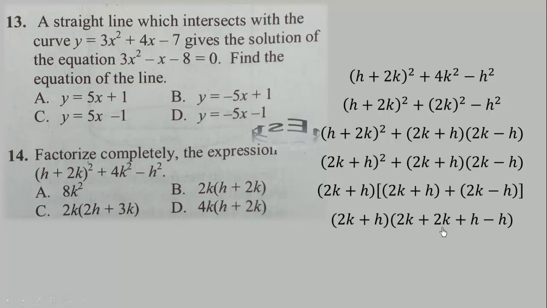Now when we simplify this, we get 4k plus 0. That will give us 4k, then we have 2k plus h. So the correct answer will be 4k into bracket h plus 2k, which is the same as 4k into bracket 2k plus h.